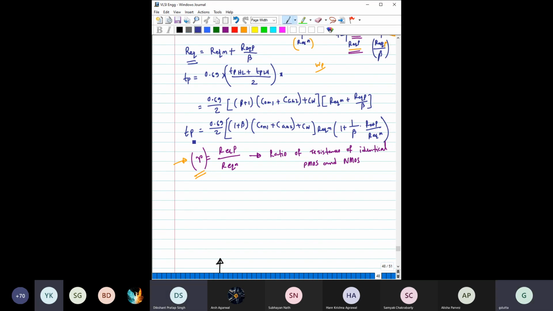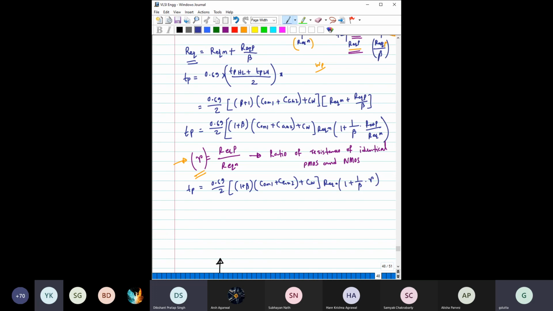Okay, so see here, what we have derived so far is that the TP relation is this. Now we have said this is R, then what can we write? Then TP equal to, let me write it again, 0.69 times (1 plus beta), and here C1 and here Gn2 plus this Cw, and here this R equivalent N, and just write here 1 by beta, and write here R, because I'm just replacing this one, nothing else.